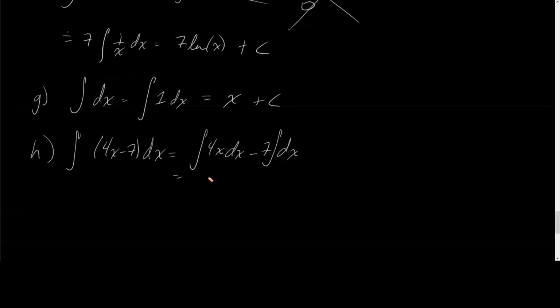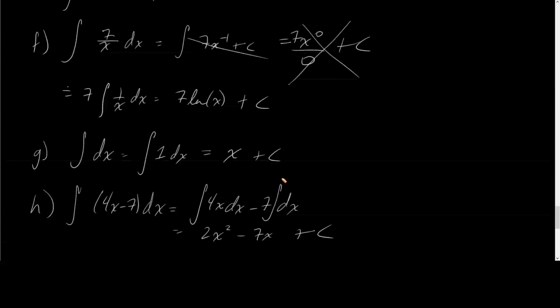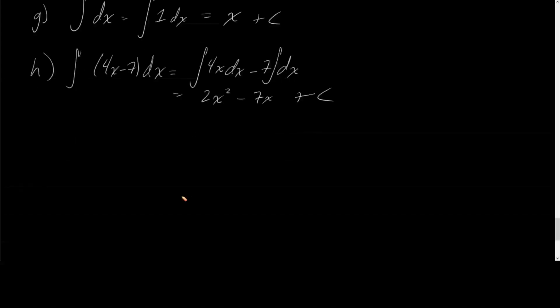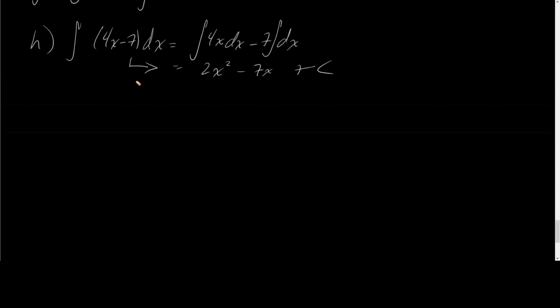Add 1 to the exponent, divided by 2, I ended up with 2x squared, right? So just 2x squared plus c technically. But minus the integral of 7 dx is just 7x, and then we do the plus c at the end, right? Normally, I don't actually write that middle step. Normally, I just go straight from here to there, all right?